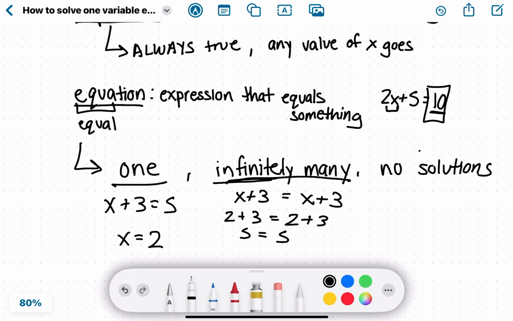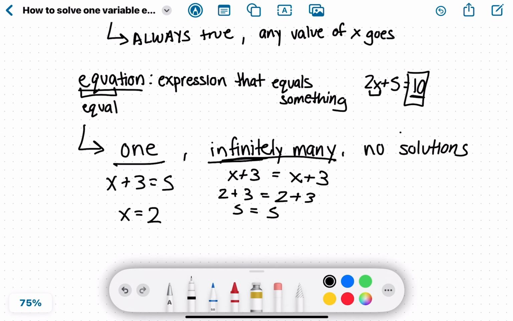Or if you were to put 3 for x, 3 plus 3 does equal 3 plus 3. Of course it does. 6 is equal to 6. So yes, infinitely many solutions.